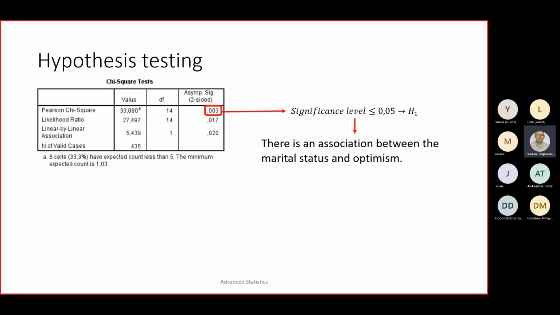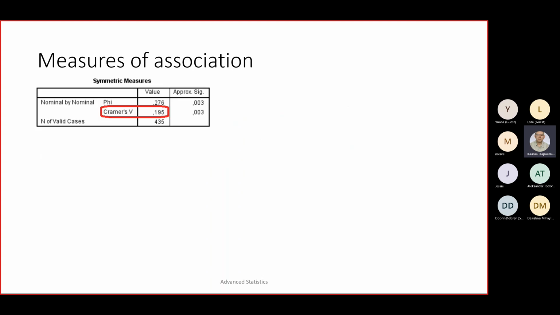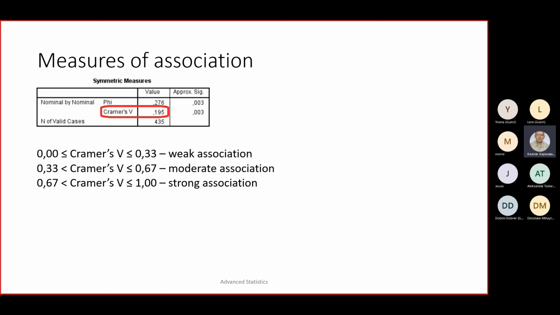So there is an association, a relation between marital status and optimism, and usually we divide this interval between 0 and 1 in 3 parts.